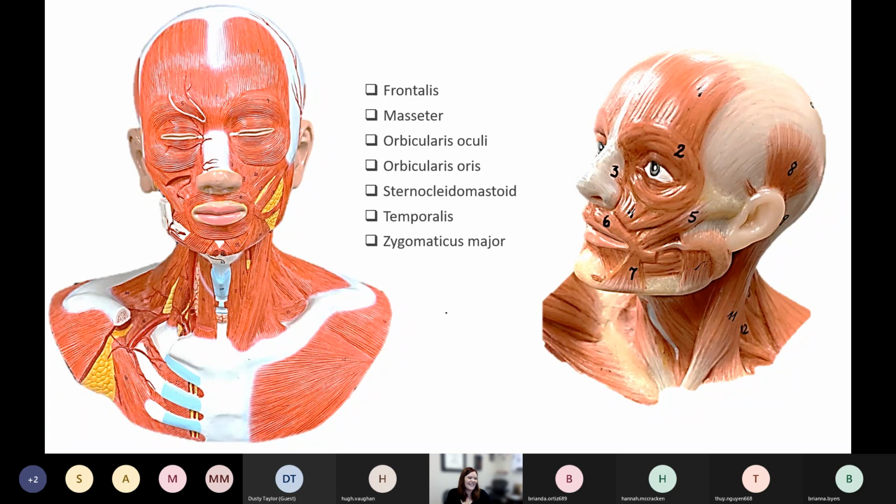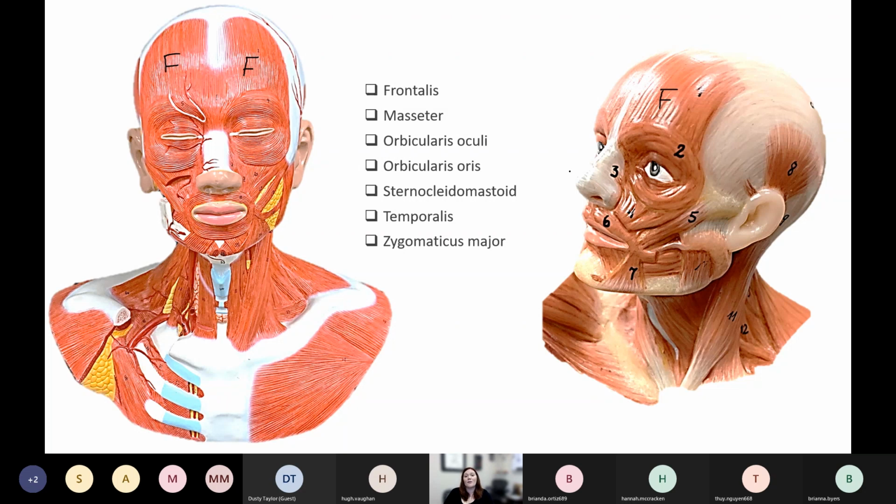When we're looking at the muscles, many of these muscles are named based on the bones they're on top of. We already talked about this a couple weeks back, right? So here in the very front, we have that muscle called frontalis. So we can see frontalis in the forehead.